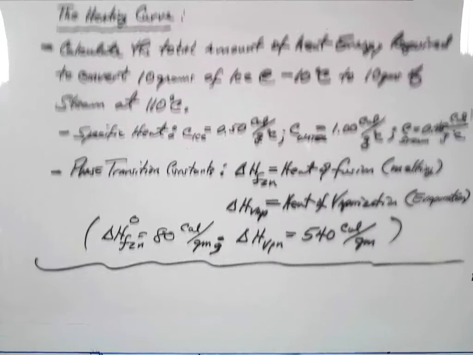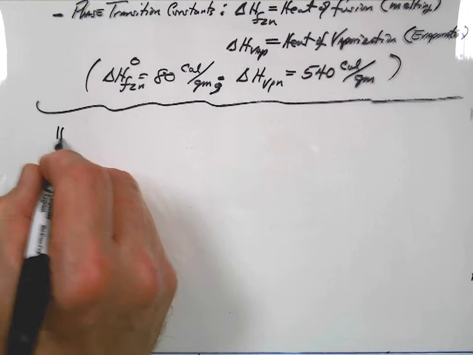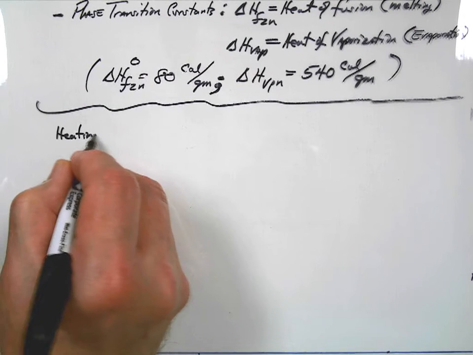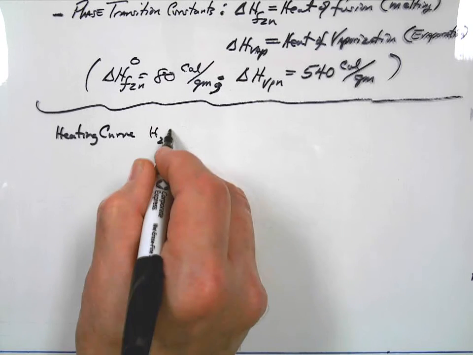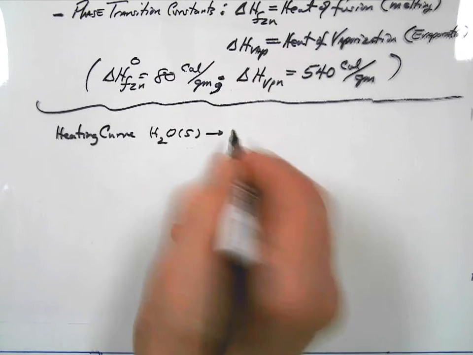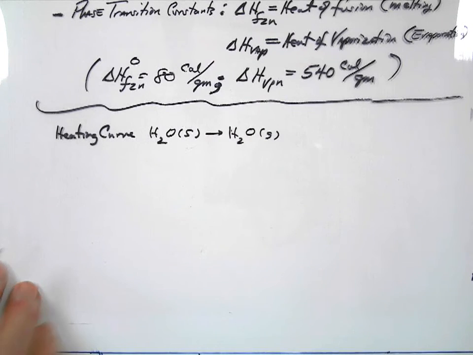The heating curve that is generated from this contains 5 segments. Okay? In the gas phase as steam.